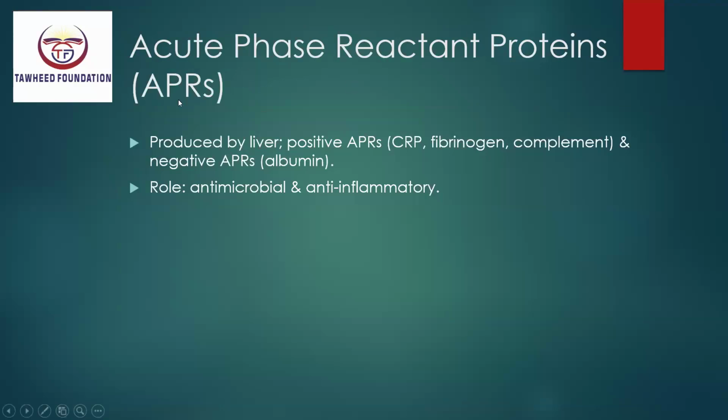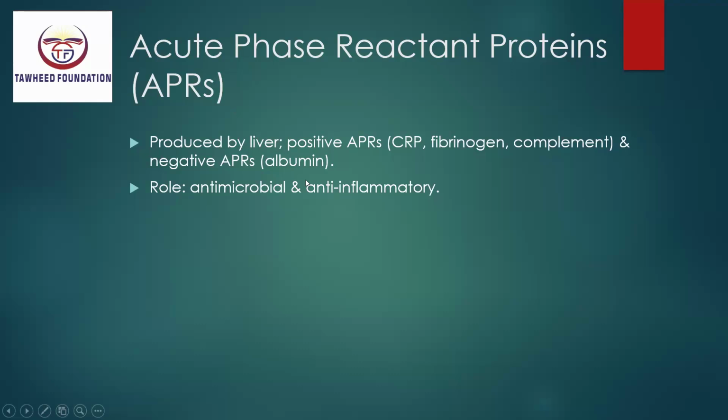Acute phase reaction proteins, APRs. They are the proteins synthesized by the liver at steady concentration, but the synthesis either increases or decreases exponentially during acute inflammatory conditions. The liver is the primary site. APRs can also be synthesized by various other cells such as endothelial cells, fibroblasts, monocytes, and hepatocytes. Positive APRs are the proteins whose level increases during acute inflammation.